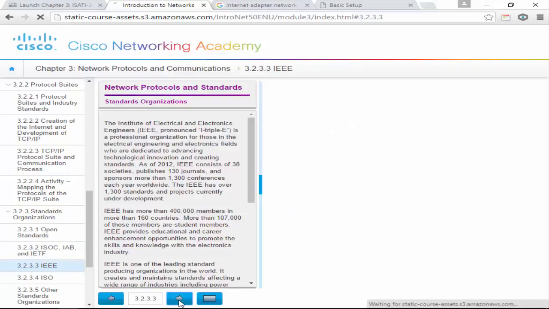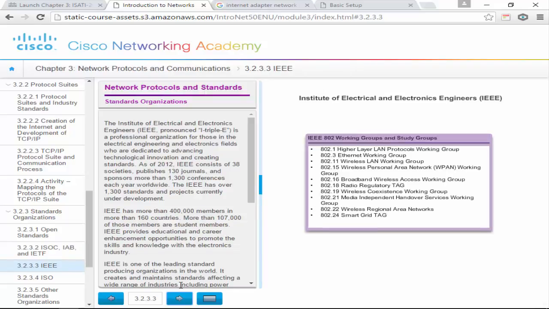So now we get to the IEEE. You guys have heard of the IEEE before and you didn't even know it. Ethernet is 802.3, so all this wired stuff. And then we have wireless, 802.11. You guys have probably heard 802.11n, 802.11 A, B, G, maybe AC, and the newest one is going to be AD.